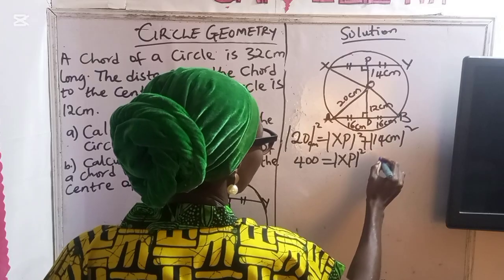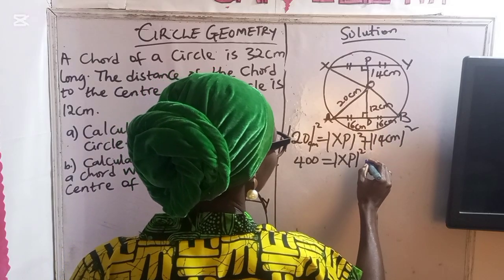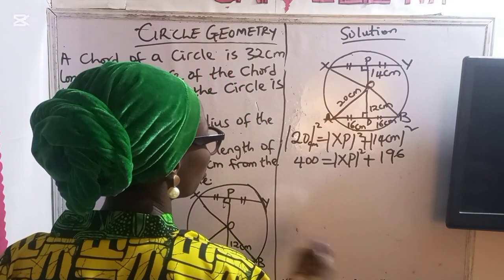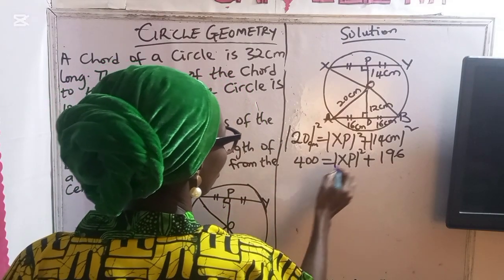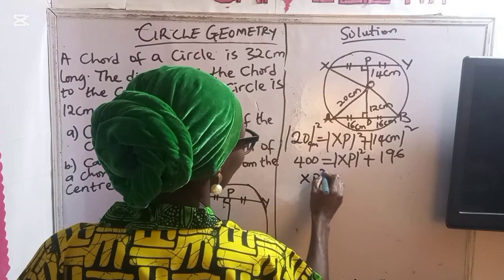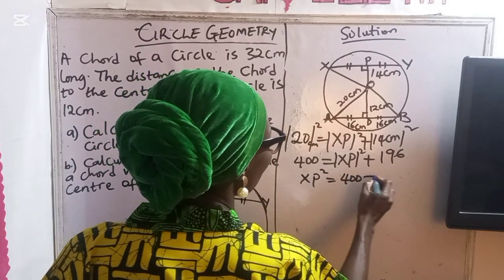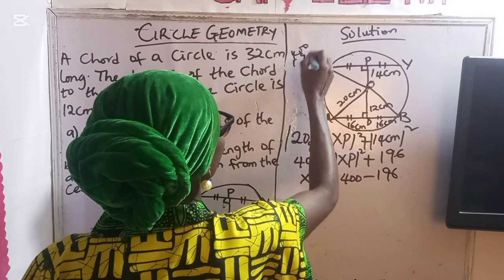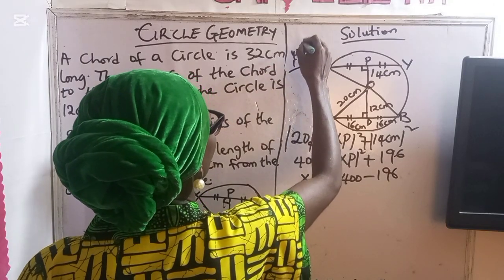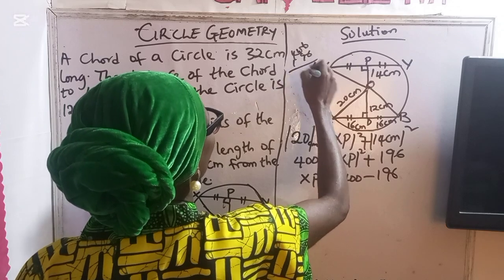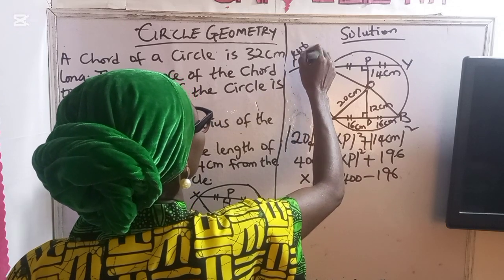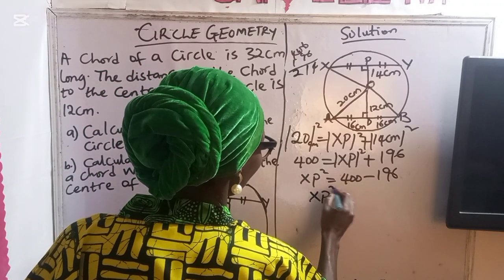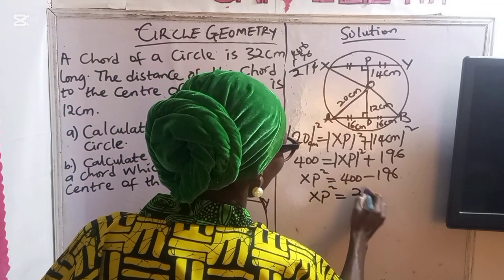So 14 squared is what? 196, right? If we use our calculator, XP squared equals 400 minus 196. 400 minus 196, I think that should be 204. Let's check that. XP squared equals 204.